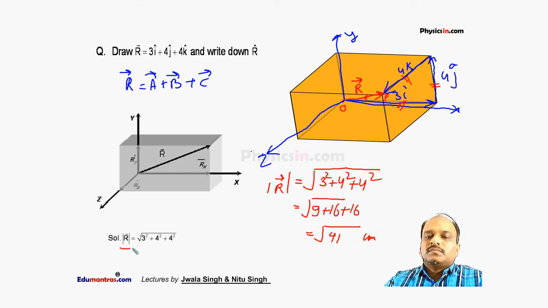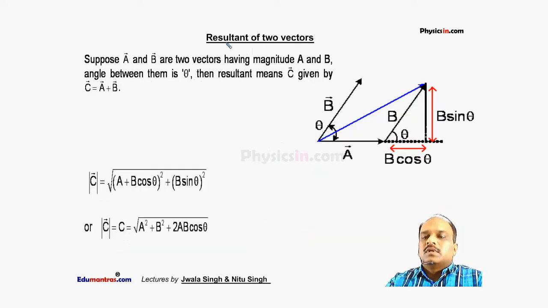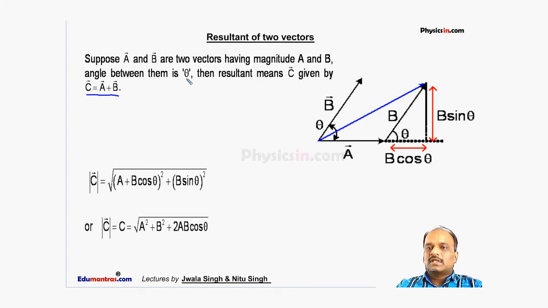Now resultant of two vectors. How to write the resultant of two vectors? First we will discuss how to take the angle.